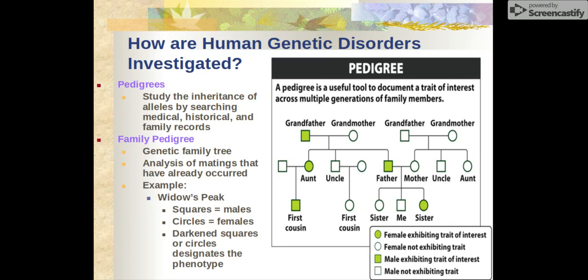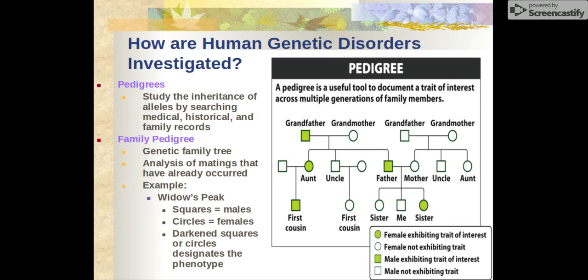And so we've got a family pedigree here. This one is just a silly one looking at widow's peak. But anytime you see a square, it's a male. Circles are females. If they're darkened in, that designates the specific trait that we're looking at, the phenotype, at least, of that trait. And if it's not colored in, that means they do not have that phenotype.